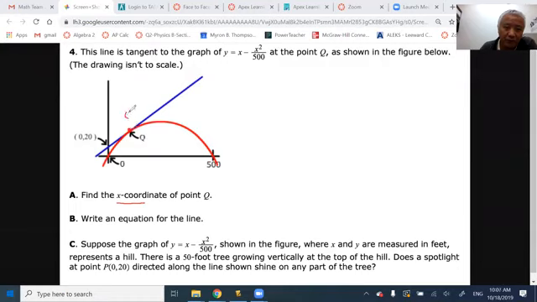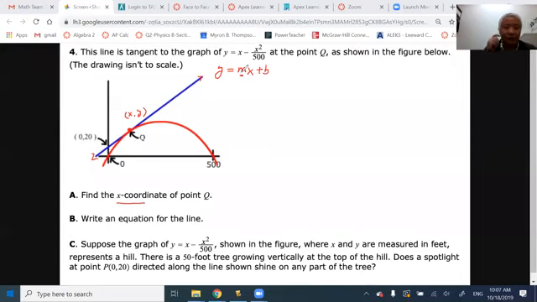This point, you have x and y. They want to find that one first. First things first, you look at this blue line. We can write this one in slope-intercept form: y equals mx plus b. No problem? We do not know the b yet, and we do not know the slope.